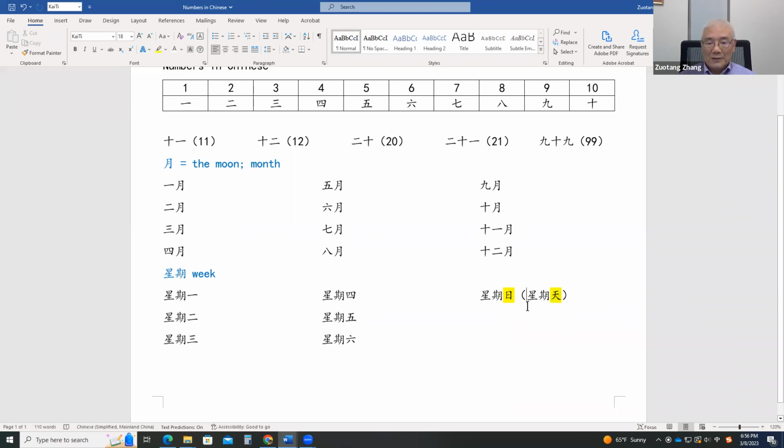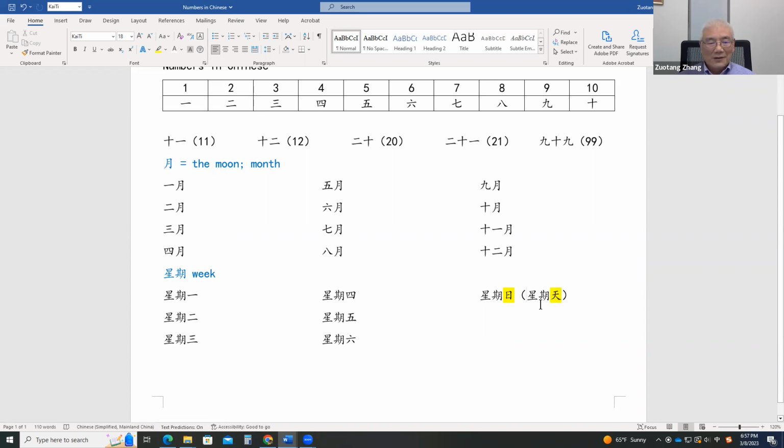So you have 2 names. One is 星期日, and the nickname is 星期天. Chinese people use them interchangeably, like 100% interchangeable in daily conversation. However, 星期日 is formal, while 星期天 is the informal way of saying it.